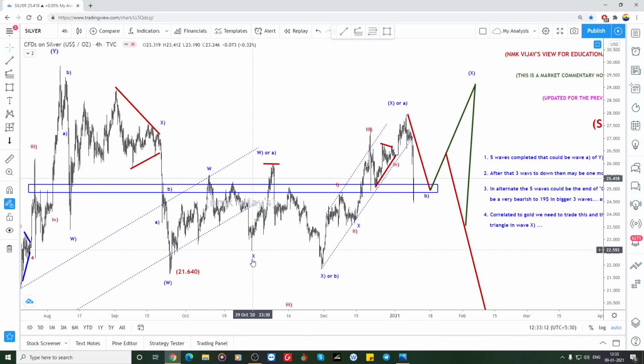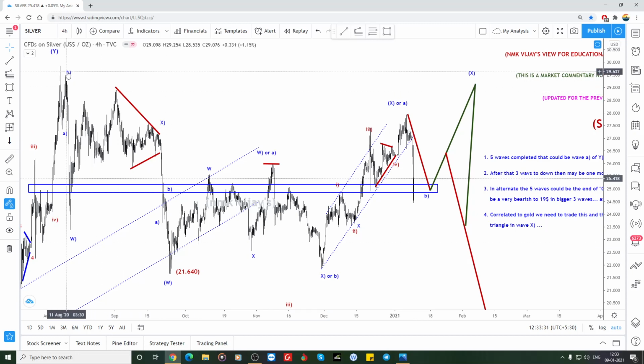Whether it is a WX, this is a W or A, because if it is a leading expanding diagonal, then 1, 2, 3, 4, 5 could be a B, and this is the C, meaning we need to place it as a B, and C is a 5-wave structure.